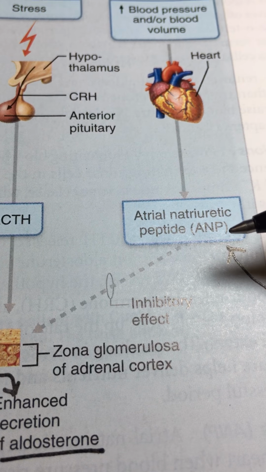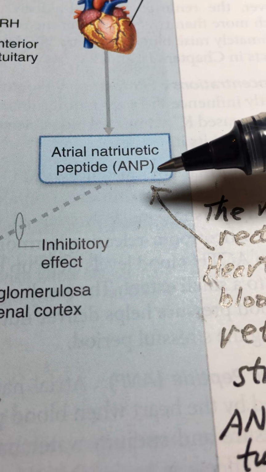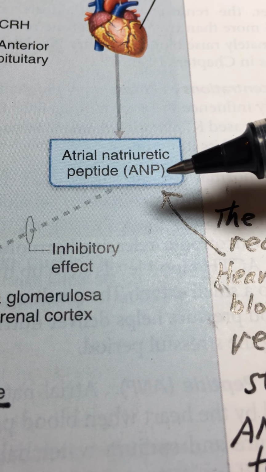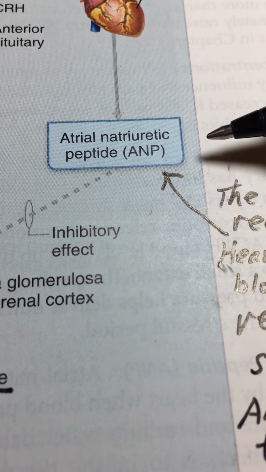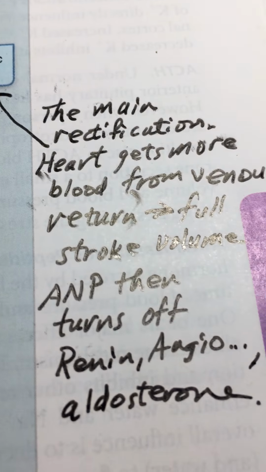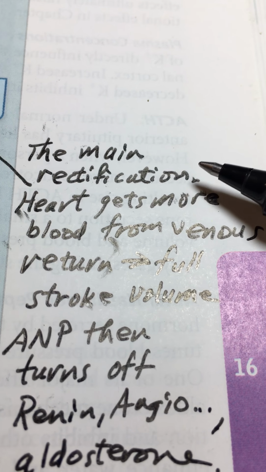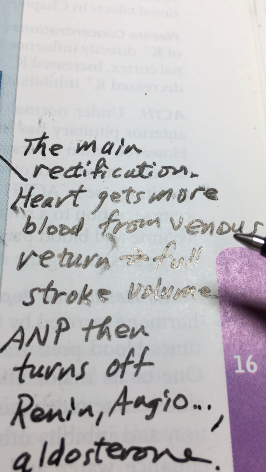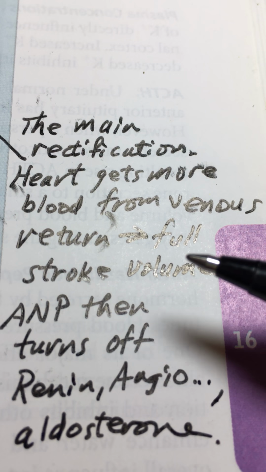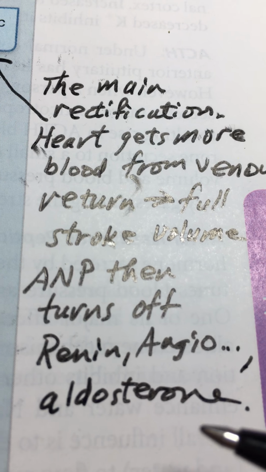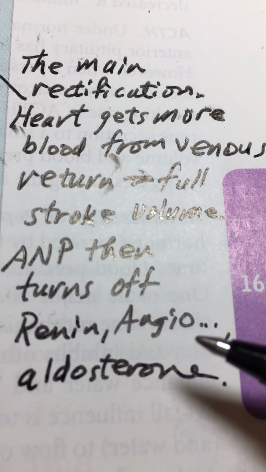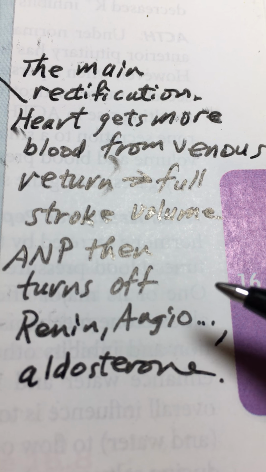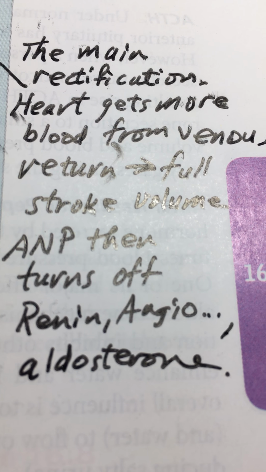Since now we have good blood pressure, we produce this molecule called ANP, yet another hormone, atrial natriuretic peptide. And the situation here is that it's the rectification of the heart, getting more blood, a good stroke volume, and then the ANP goes out and rectifies everything and turns off the things that we just turned on.